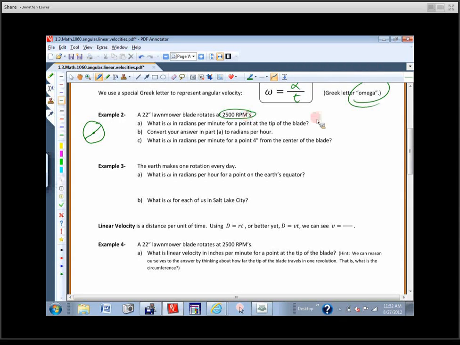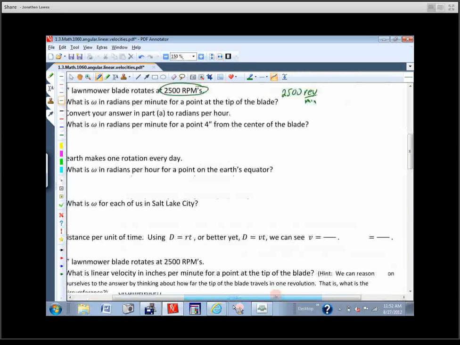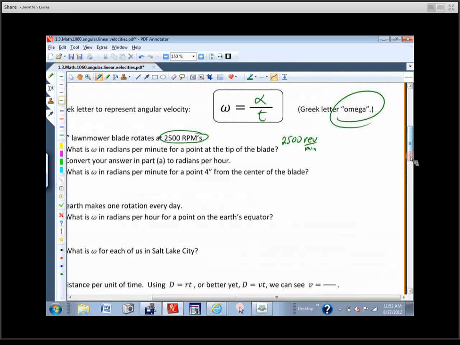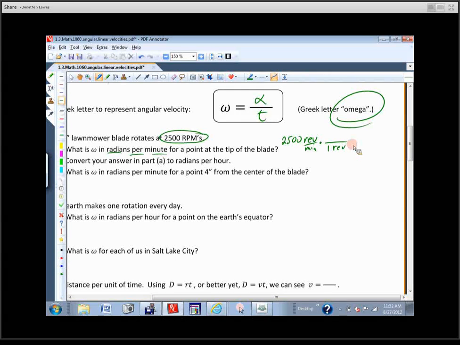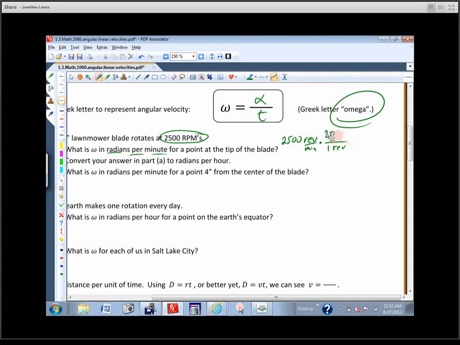We're going to take this and we're going to say, all right, we had 2,500, and we'll write it this way again, revolutions per minute. I want to change that into radians per minute. So I do that same conversion factor. I'm going to take 1 revolution. That's the same as 2 pi radians.